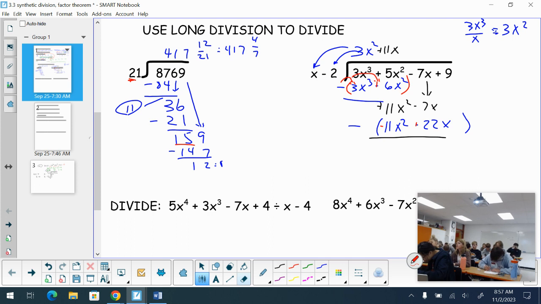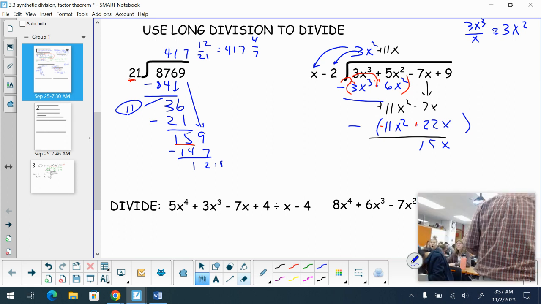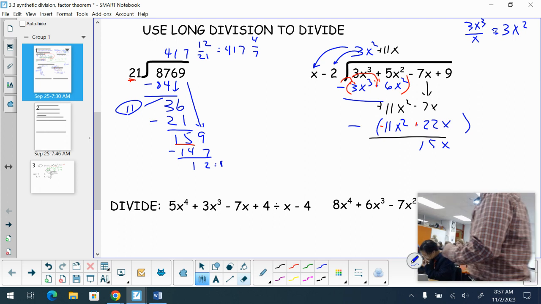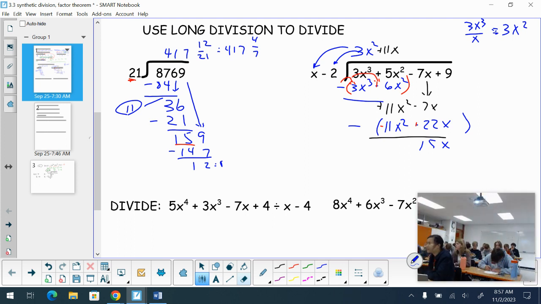So we have 15x. If you say that's negative 29x, you're still telling me 87 minus 84 is equal to 11. Then we can drop down our 9. How many times does x go into 15x? Multiply it out, then find your remainder, and put your remainder over what we divided by.